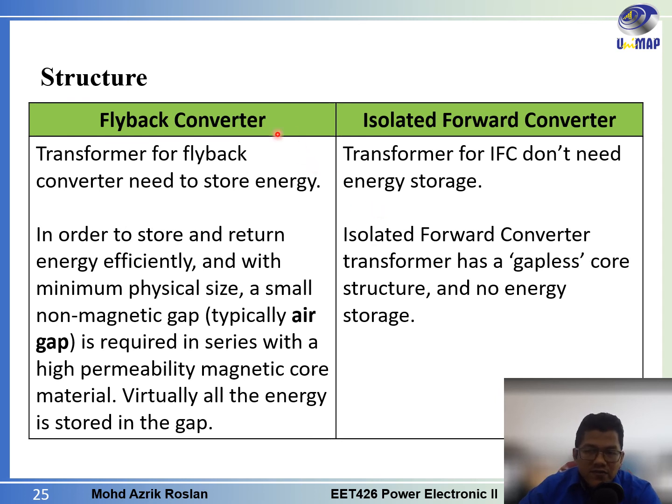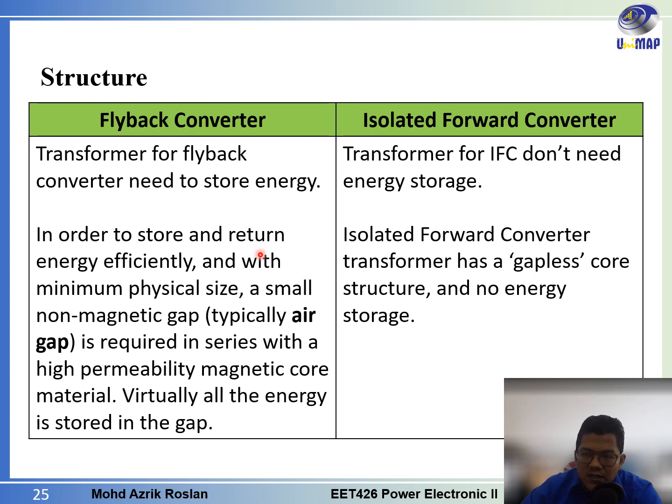To achieve the different functions of the transformer that we just mentioned, the design of the transformer itself has to be different. For the flyback converter, because we need to store the energy, we have to design the core of the transformer to have an air gap, and this is required in series with the high permeability magnetic core material that we must use in the flyback transformer.